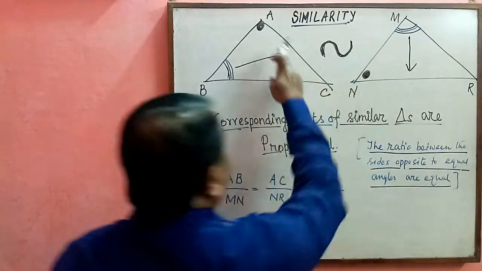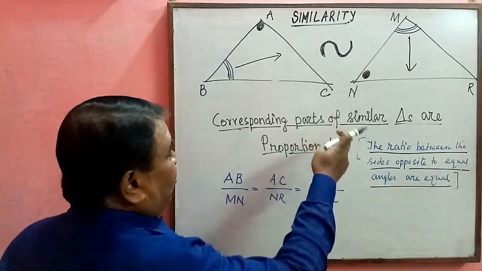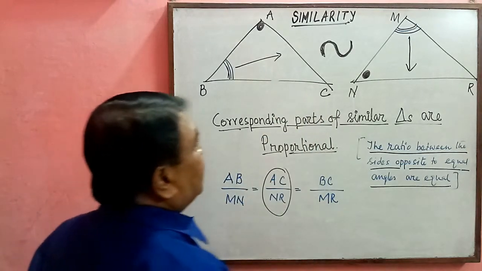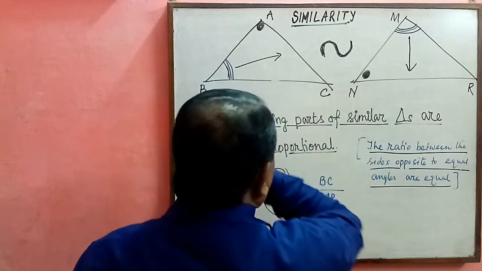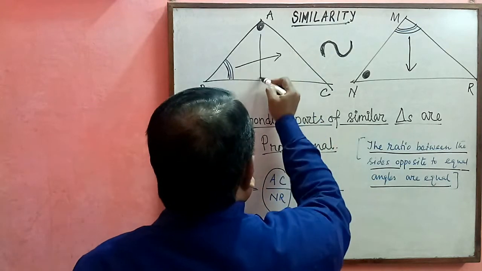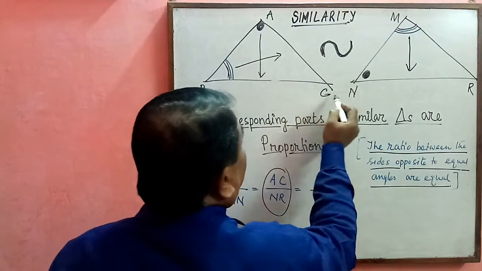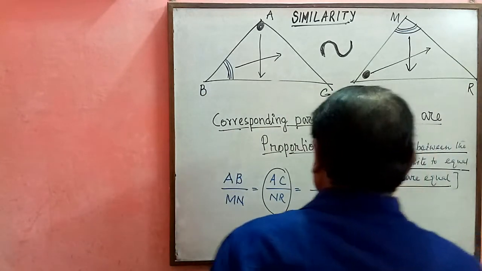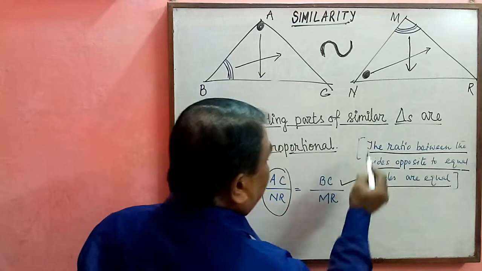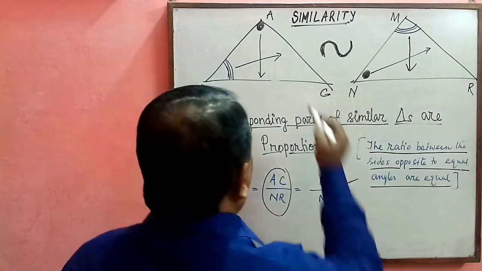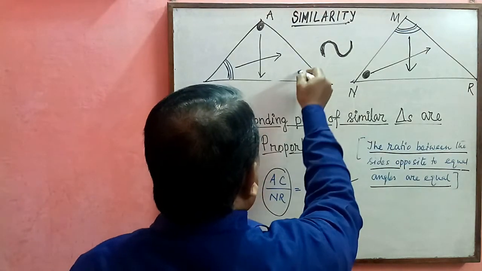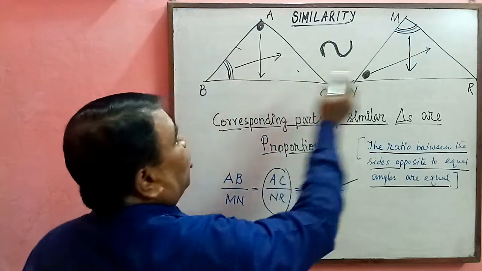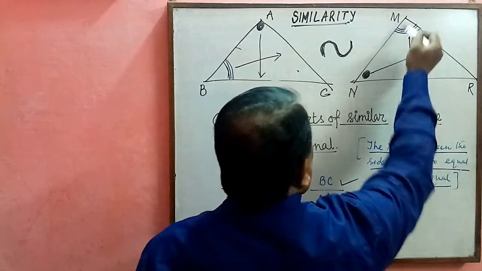That means AC upon NR is equal to BC upon MR, and the side opposite to the third angle is AB, opposite to third angle is MN.